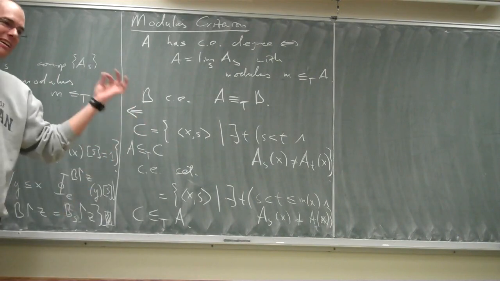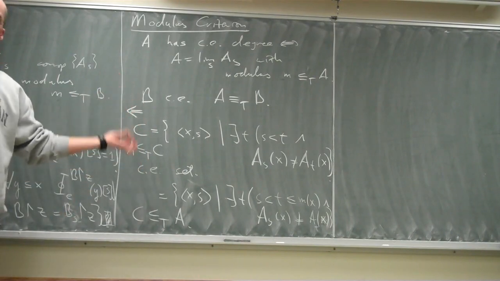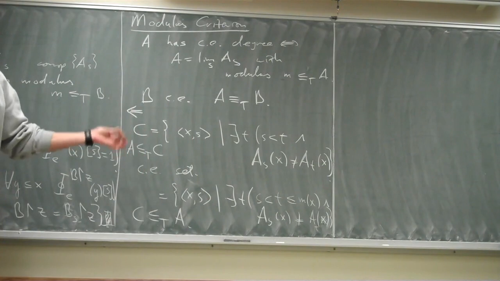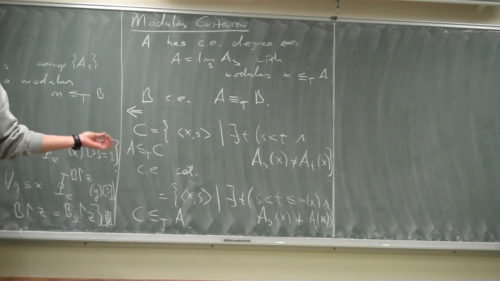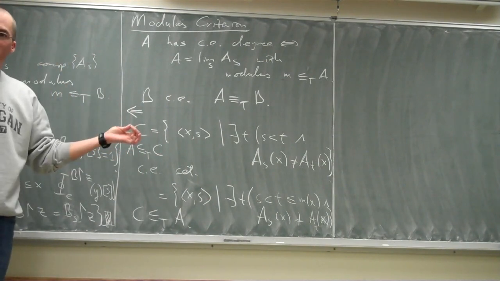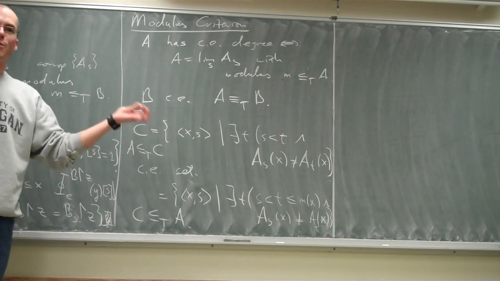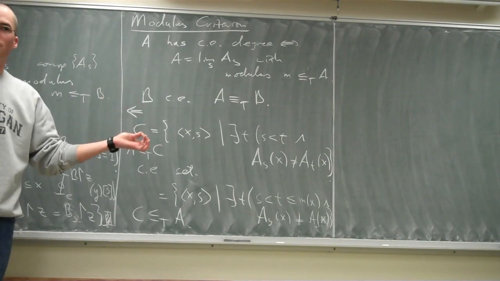So given a particular x, using C you want to decide whether x is in A or not. Well, for any x, at some point the approximation stabilizes.